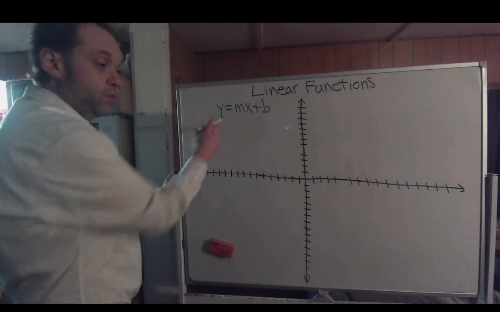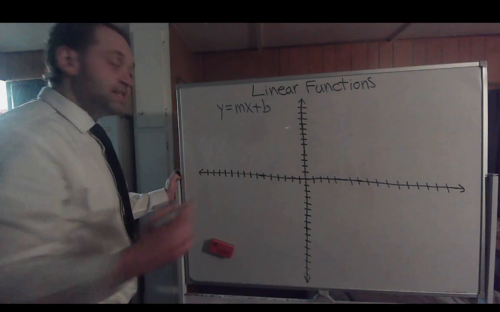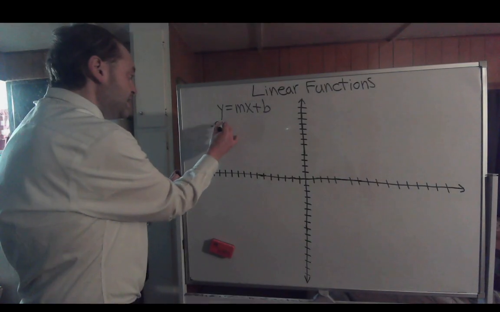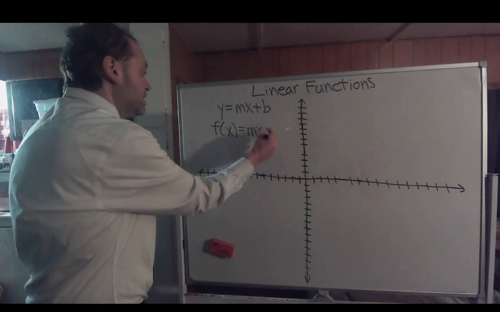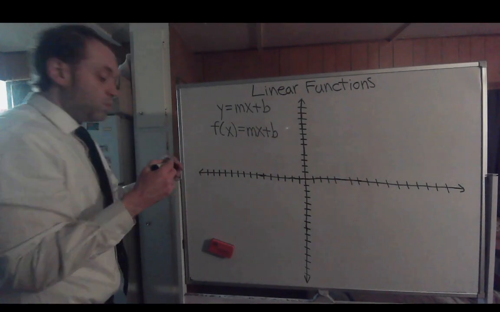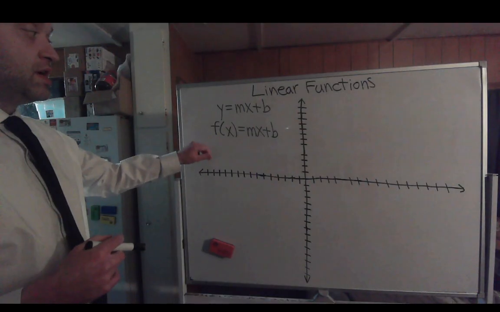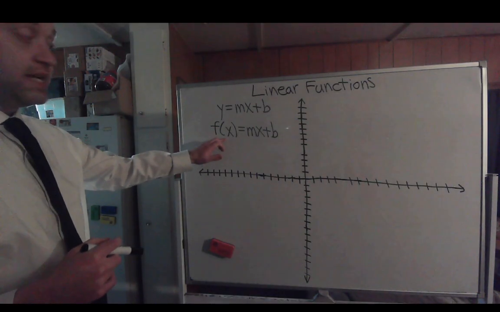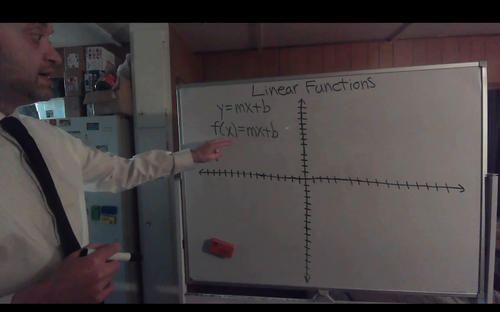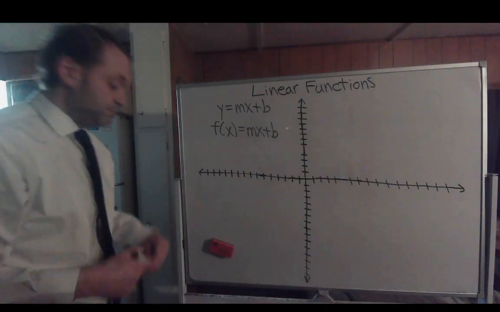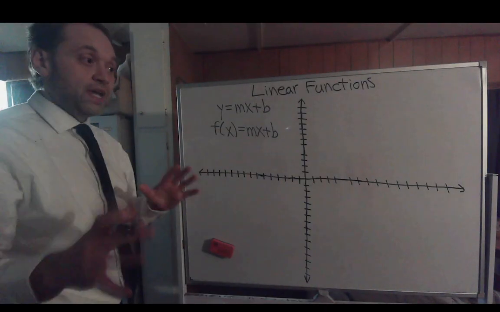Or, instead of y, and really we need to get used to seeing this, f of x equals mx plus b. Since, after all, y is a function of x, this just means function of x. You can literally substitute f of x for y. F of x equals mx plus b. You will get a line.